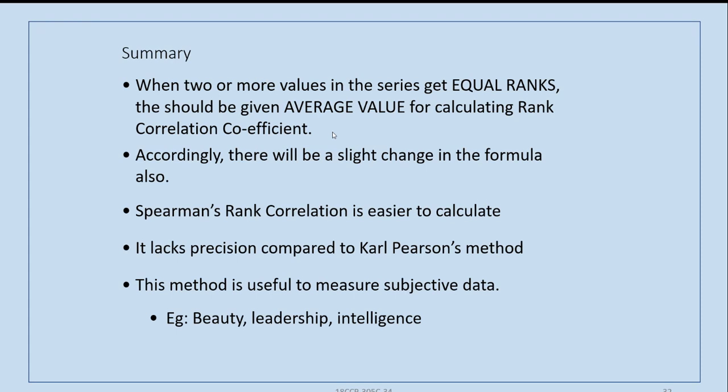So coming to the summary, what we have seen in this lesson is Spearman's rank correlation when ranks are repeated or when ranks are equal. We have a formula: 1 minus 6 sigma d square by n cube minus n, plus 1 by 12 into m cube minus m. This is repeated for as many times as ranks are repeated.